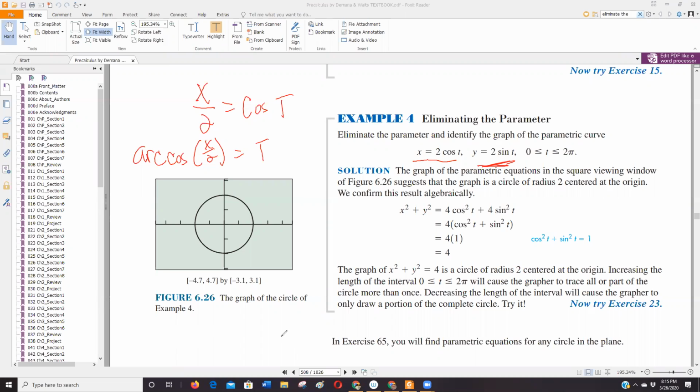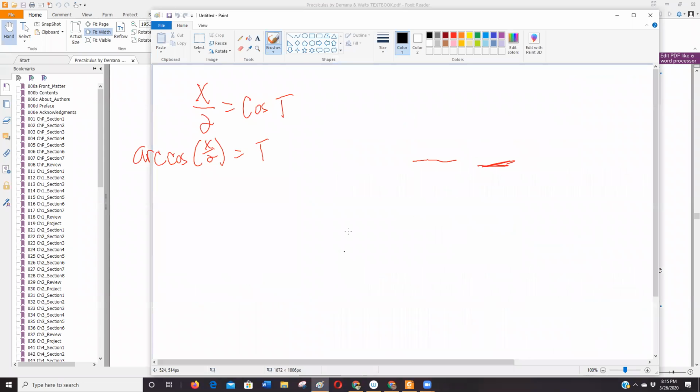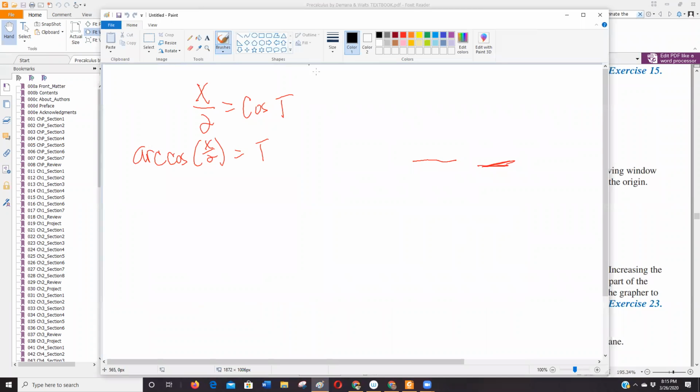I'll do the rest of this natively in paint rather than with the Zoom software. So since I know that y equals 2 sine t, I can replace the t with the arc cosine.